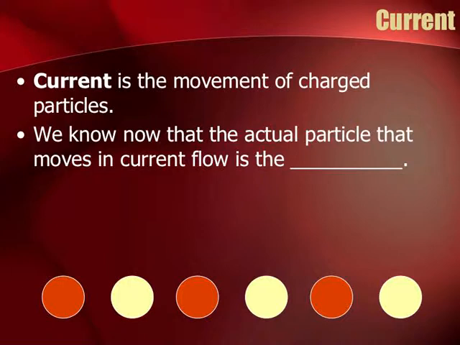Okay, so guys, when I have current, the actual particle movement is being made by what particle? The electron. Okay. So in current flow, the particle in motion is the electron.